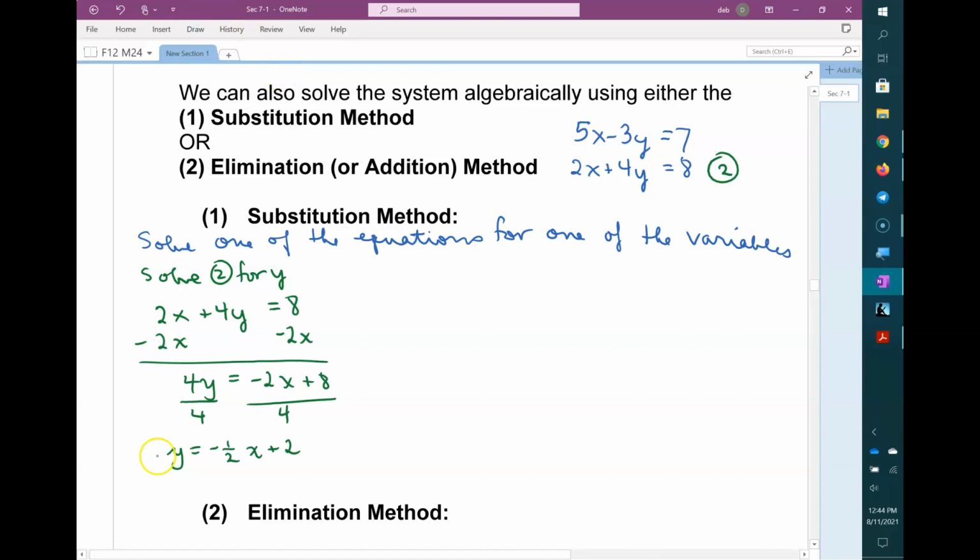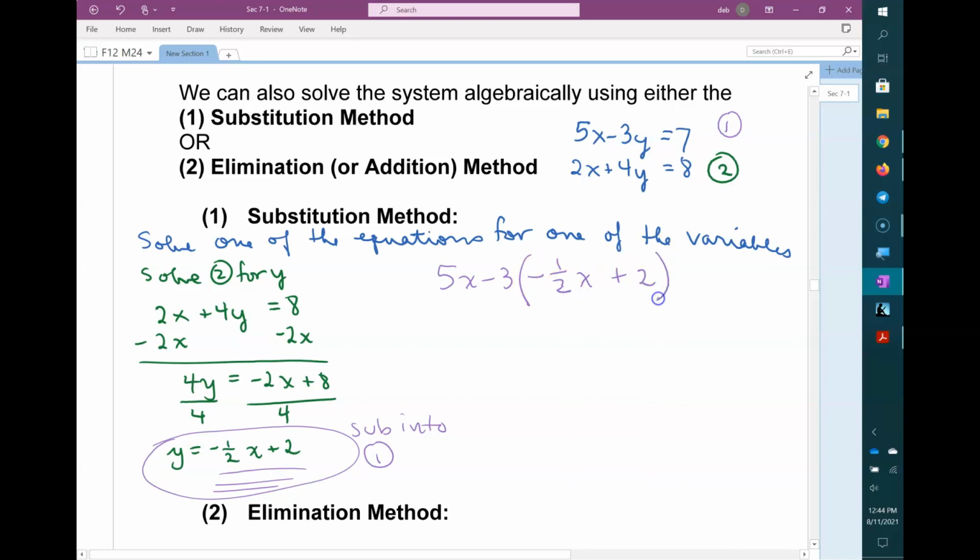You substitute this y into the other equation, so equation 1. So we're going to have 5x minus 3 times y, which is negative 1/2 x plus 2, and that's going to equal 7.